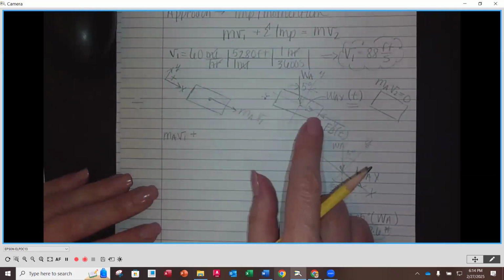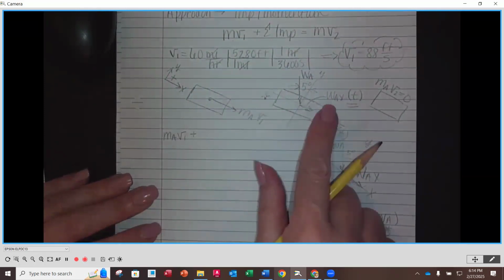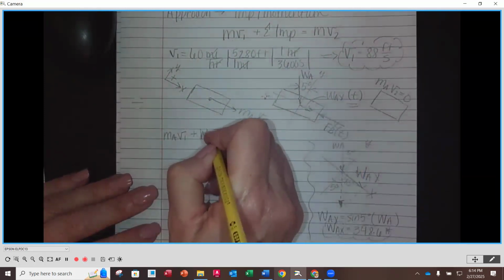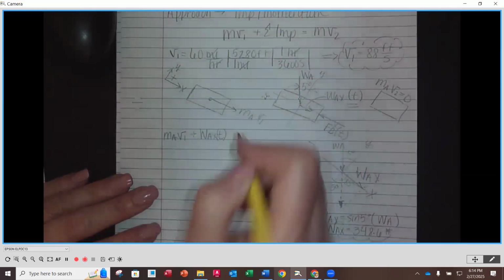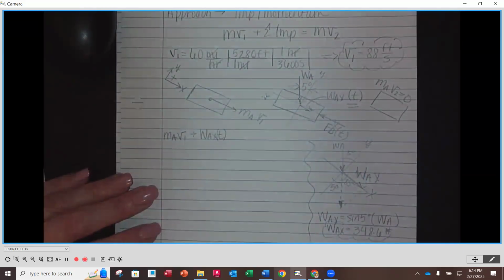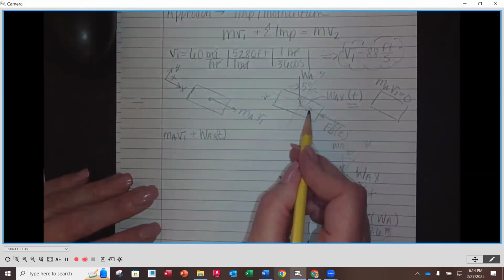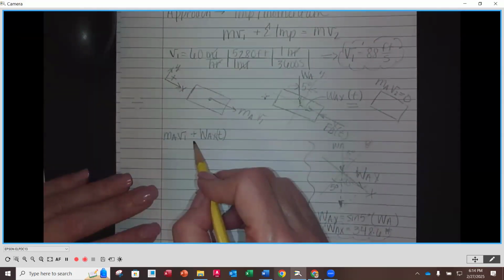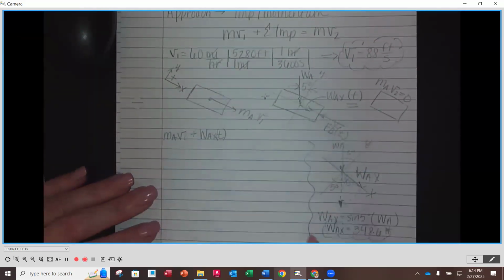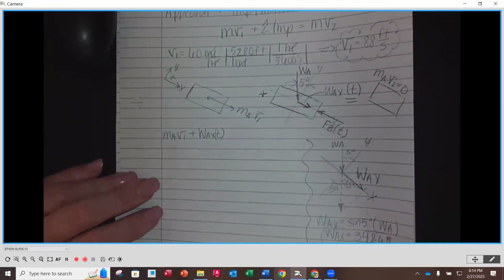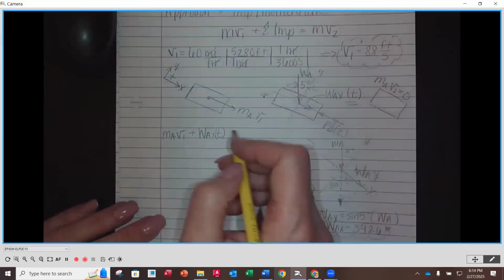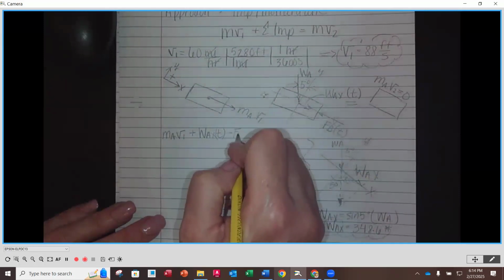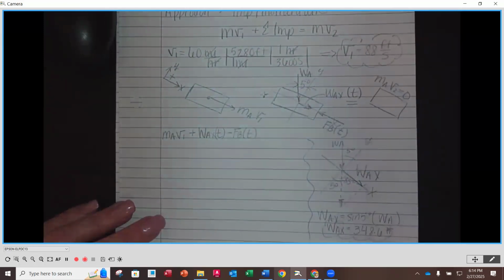Plus, now we're going over to this diagram, and I'm going to start with the WAX quantity times the time. I'm going to put that in parentheses so we can see that it's a separate variable. Now that is going down, so that's why it's positive. Now you're noticing that our next vector, the braking force, is going up, opposite the positive X. So this is going to be minus FB times the time.